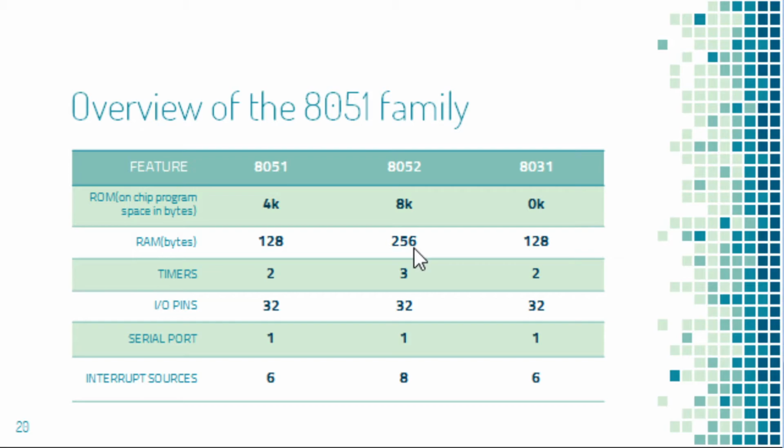That is, the amount of memory is twice that of the 8051 and the number of timers is 3 in the 8052. The number of interrupt sources is 8. The number of input output pins and the serial port remain the same as in the 8051.